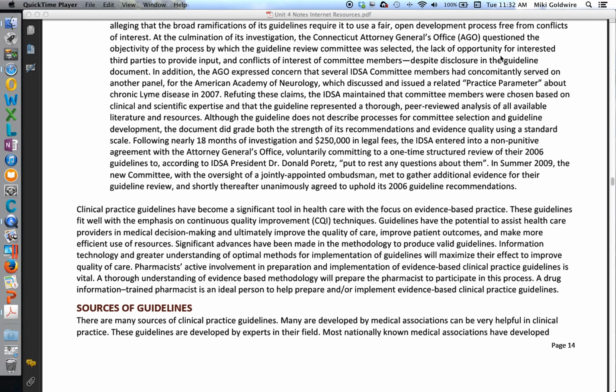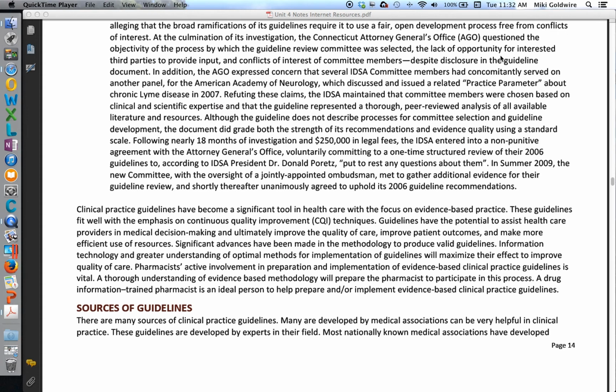Clinical practice guidelines have become a significant tool in healthcare with a focus on evidence-based practice. These guidelines fit well with the emphasis on continuous quality improvement. Guidelines have the potential to assist healthcare providers in medical decision-making and ultimately improve the quality of care, improve patient outcomes, and make more efficient use of resources.